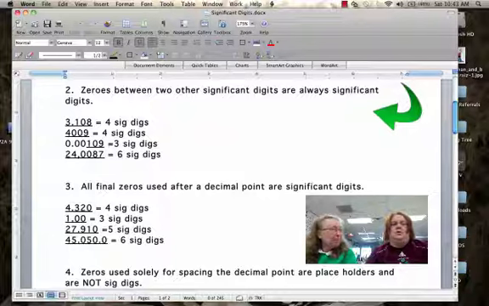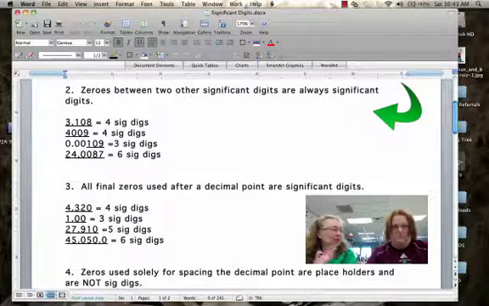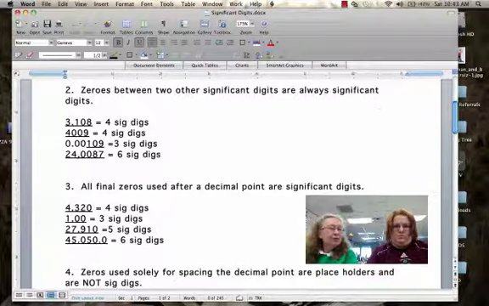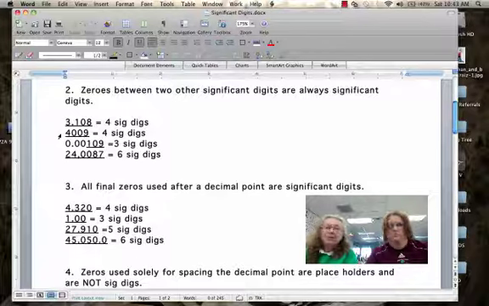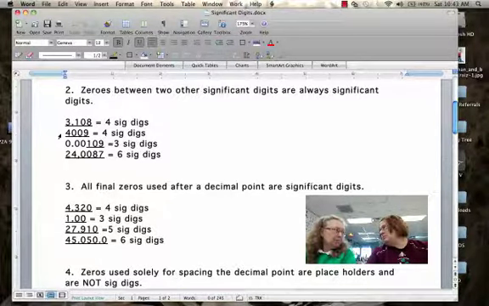If a 0 is trapped between 2 numbers that are not zeros, they're all significant. Like 3.108 has 4. 4009 has 4, because there's a 4 on one end and a 9 on the other. It does not matter how many zeros are in between.